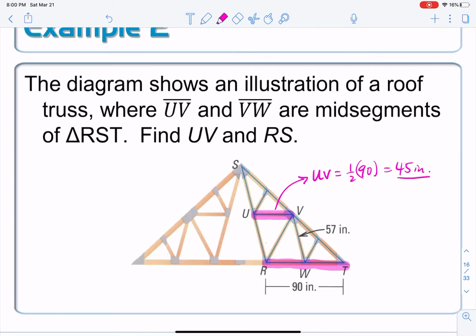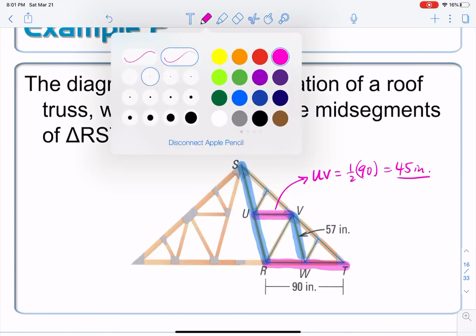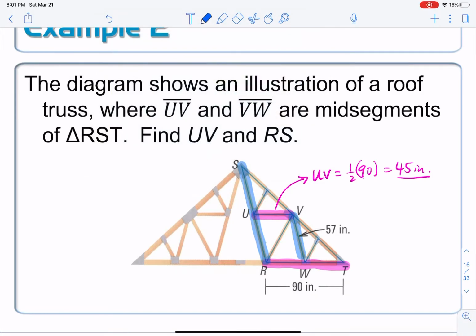Okay, and then likewise, let's change colors here. VW. So VW should be half as big as SR. So we want to find SR or RS, whatever. Okay. So this time, instead of taking half, it looks like we're going to double.